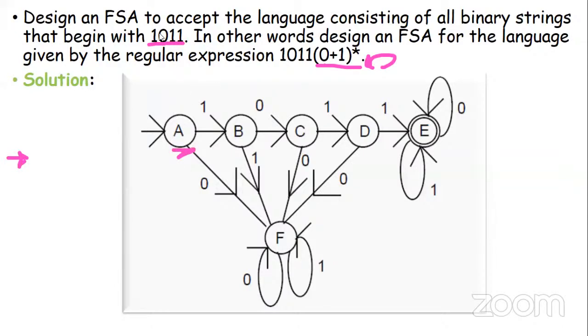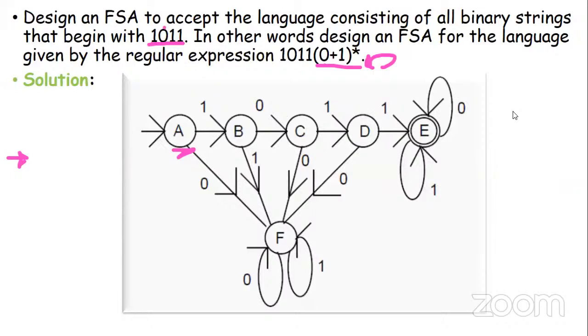Now you start looking at the input to move from state to state. Upon the receipt of 1 at A, you move to B. When you receive the next one, which is 0, you move to C. When you receive the next one, 1, from C you move to D. From D, you move to E.